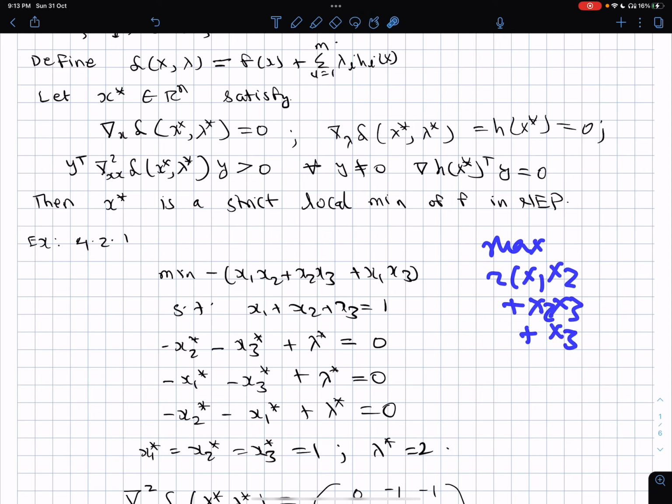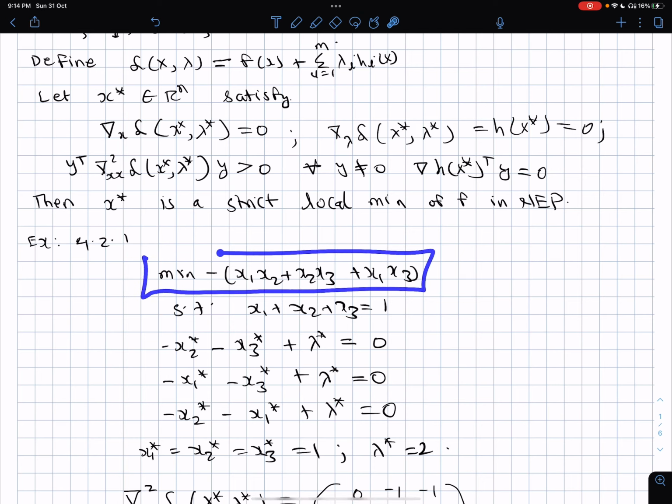But since we are more interested in x star, this 2 is a common factor, we can ignore it. And we don't like to write maximization problems. Notationally we consistently write them as minimization problems. So therefore we are writing it as minimizing minus of x1 x2 plus x2 x3 plus x1 x3.